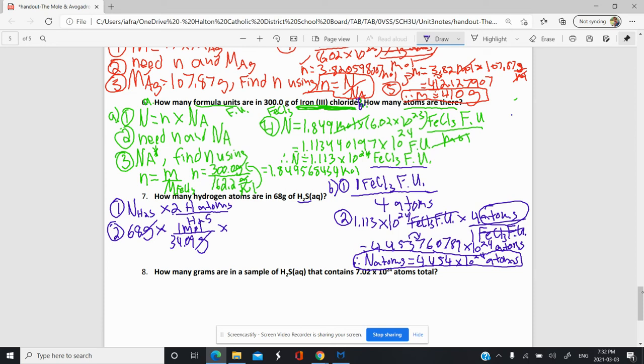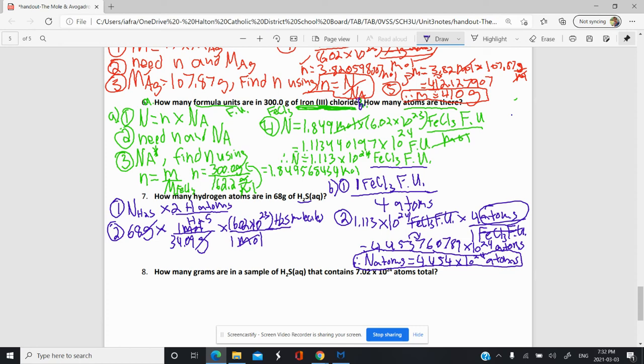So that's Avogadro's number over 1 mole, 6.02 times 10 to the power of 23 H2S molecules. And so that's going to cross out moles and moles, and I'm going to be left with molecules.